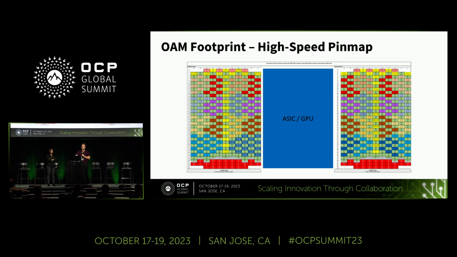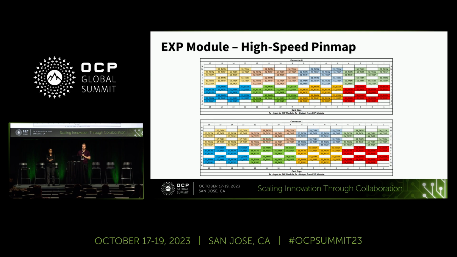On the expansion module, we don't have quite that luxury. So connector 1 and connector 2 here on the screen are shown not as they're configured in the actual expansion module, but this hopefully provides a little visibility into how the TX and RX are separated. It's separated vertically within the pin map. This helps enable routing TX and RX on separate layers as you go through the UBB footprint transitioning to the expansion module.